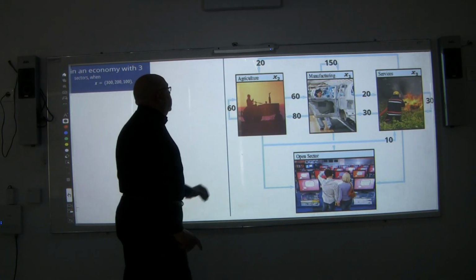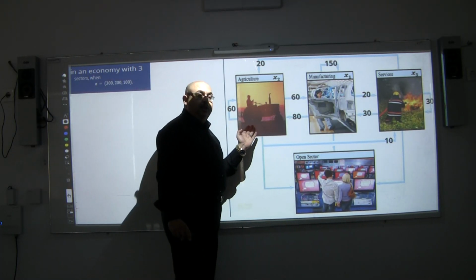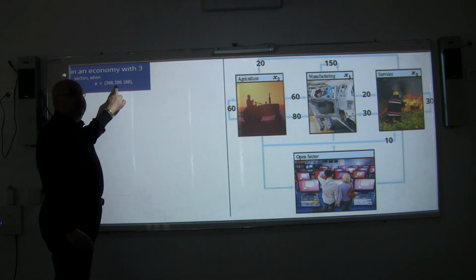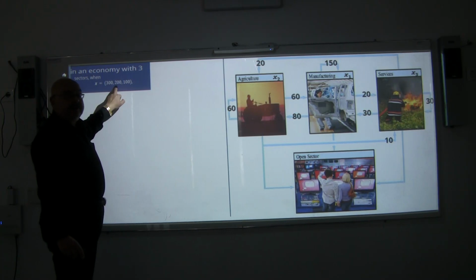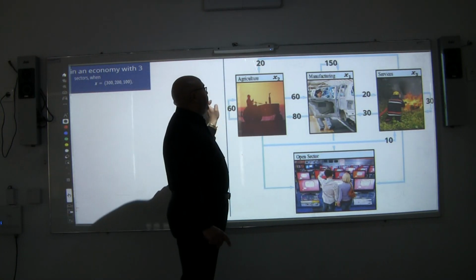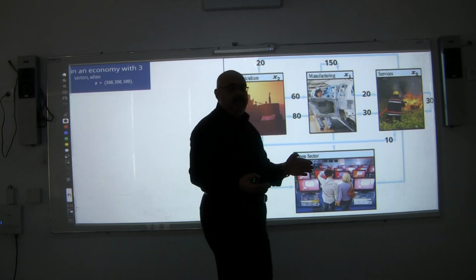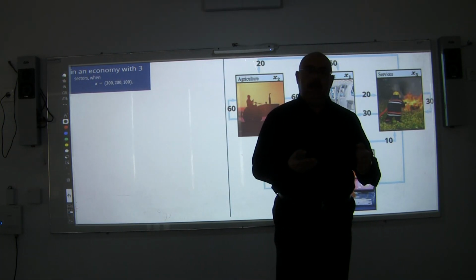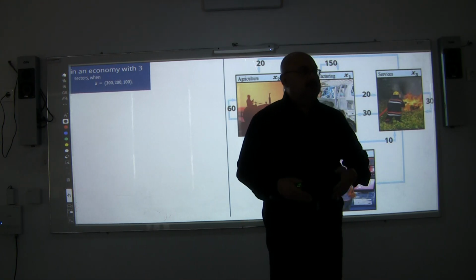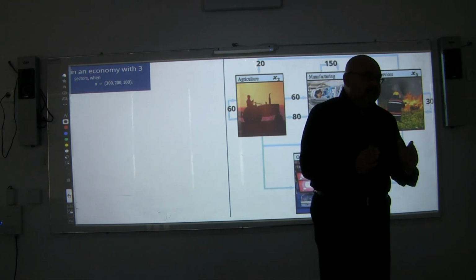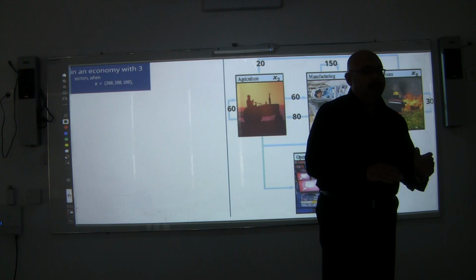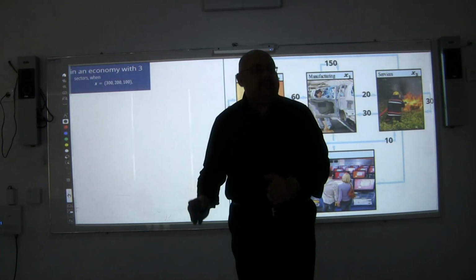Same way for agriculture. Agriculture in general is producing how many units? 200. 60 of them will be exhausted in agriculture to keep it up and running. If I'm cultivating rice or whatever, I will sell some of it and I will keep some of the rice in order to start agriculture next season.